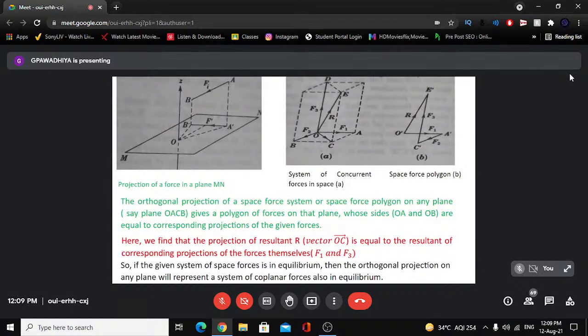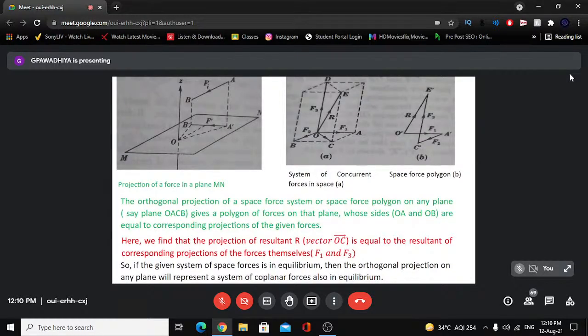In space forces, we take the projections, we work out the projections. The projection of say Fi in this space we can obtain on a plane perpendicular to the z-axis, say the xy plane, and then just drop a normal from A and a normal from B, the tail and head of vector Fi, on this plane, and then connect these to O, so we can get the position vectors for the tail and head of this projected vector.